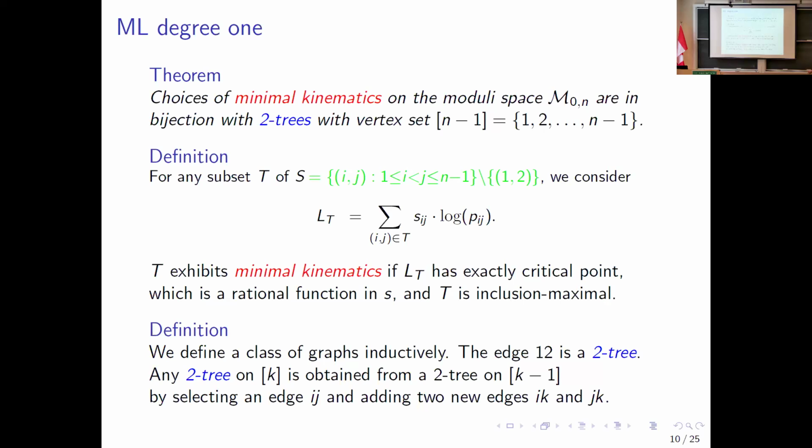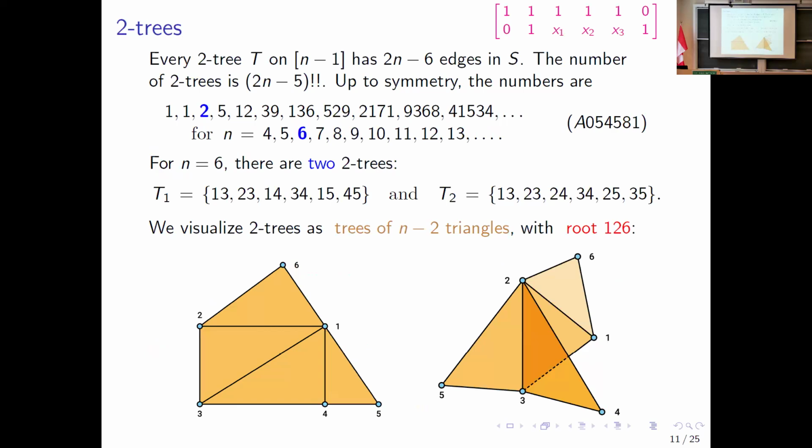Okay, so let's do some examples. First of all, the way I set this up, every two tree is going to have n minus 1 vertices, and I'm going to delete the initial one. For a technical reason, when I do the counting, I only count the even number of new edges. In the beginning there's 1 edge, then I add 2, I add 2, I add 2, so there's going to be an even number of edges I added.